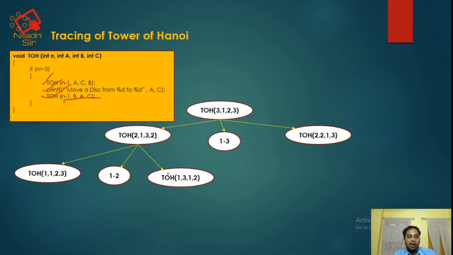After that, again Tower of Hanoi, 1 disk will be moved from source 3 to destination 2 using 1. And coming to this one, Tower of Hanoi 1 disk will be moved from 2 to 1 using 3. After that there is a movement from 2 to 3 of a single disk.